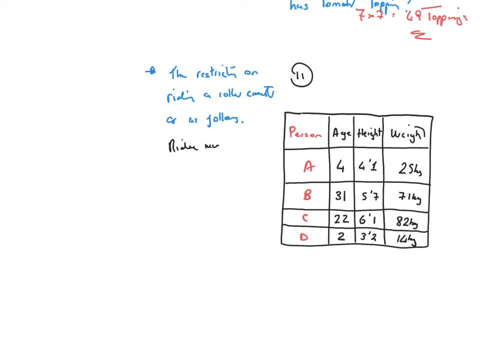Riders must be older than 8 years of age, taller than 4'10", and heavier than 35 kilograms.